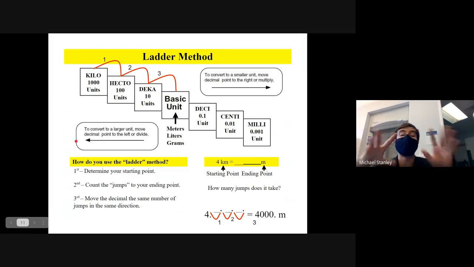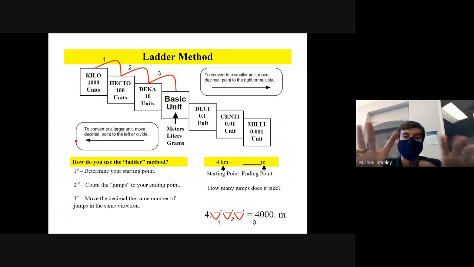All right, so we'll do a whole bunch more examples of the ladder method to make sure that you guys really get it down. But is there anything about this so far that you're still really confused on or still really not sure about where we're going?